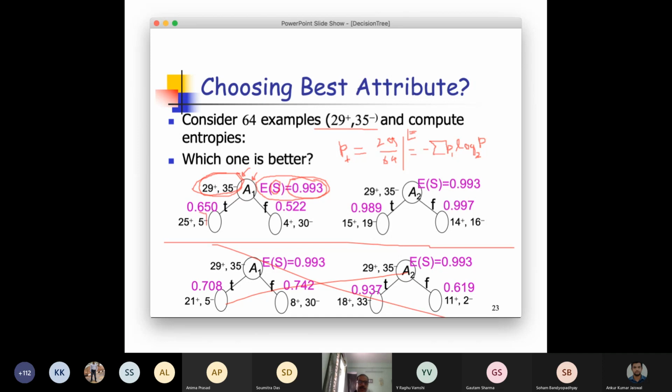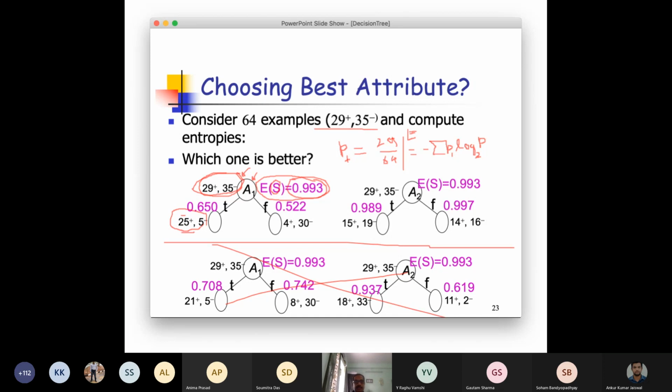Similarly, how do you compute this? Once you have sorted these training examples, you find that for the value of attribute A1 equal to T, true, 25 of the 29 positive examples have A1 true, and 5 of the 35 negative examples have A1 as true. Is it clear?